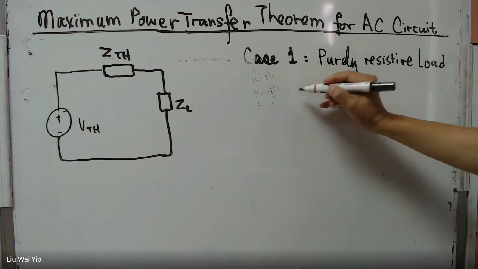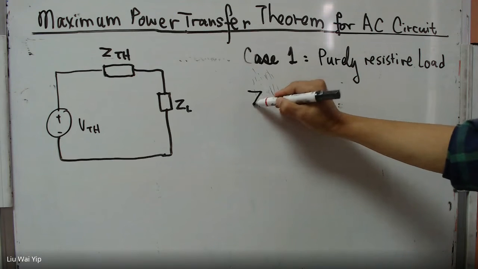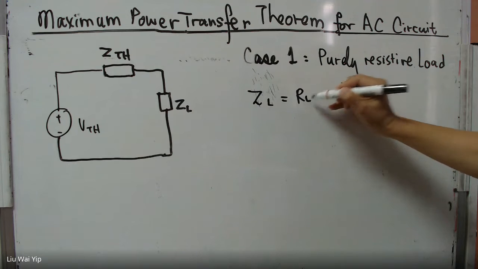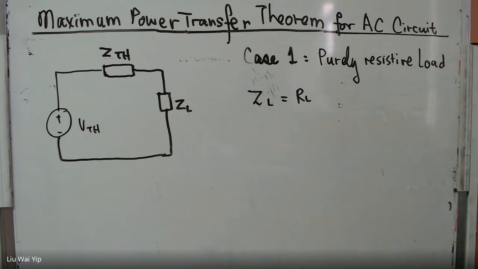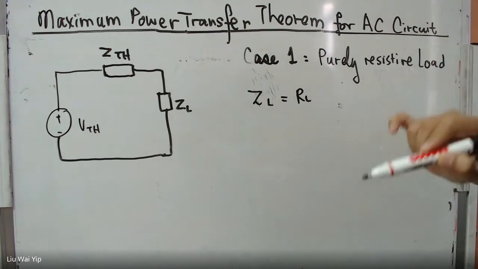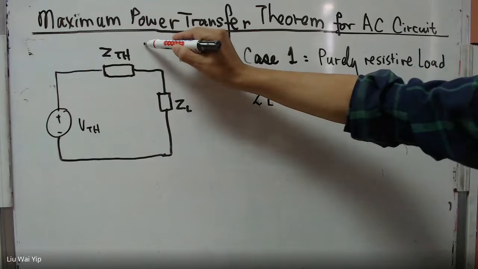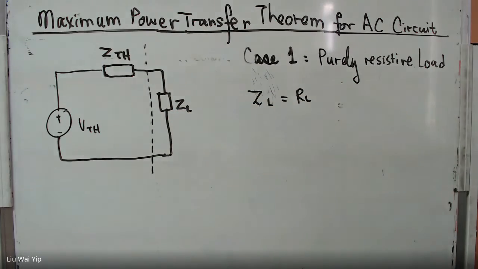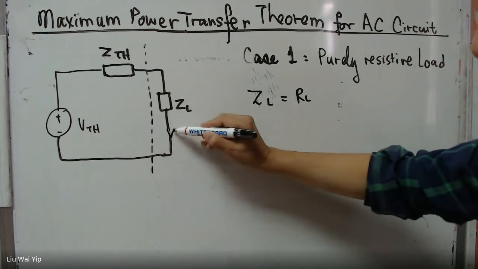This means ZL is equal to RL. There is no imaginary part in the load resistance. So now our goal is to vary the load resistance in a way that the power to the load is maximum. So what is the power to the load?